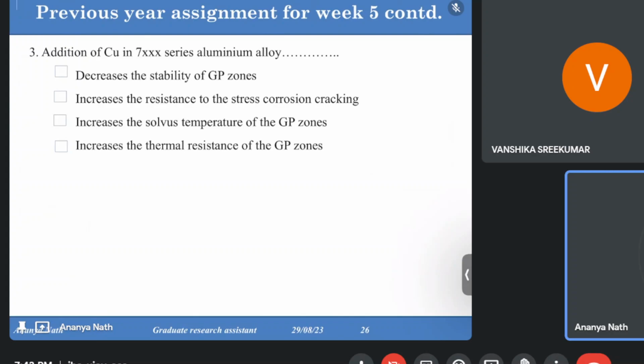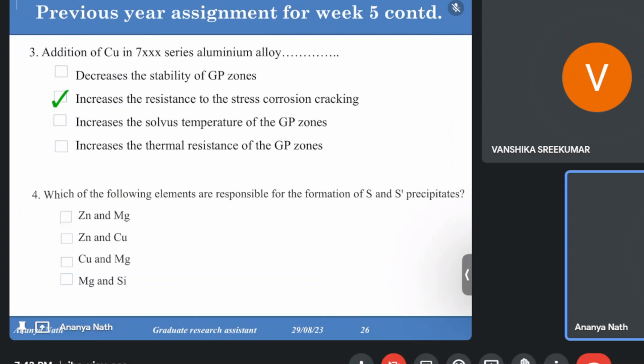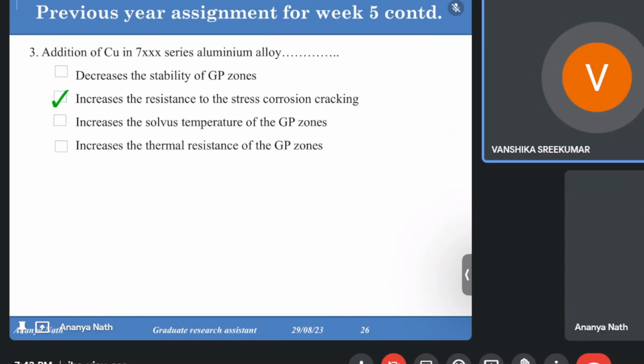Anyone? Just let's have a try now. I guess it increases the stress corrosion cracking resistance. Yeah, and about the solvus temperature, I guess it should decrease, no?